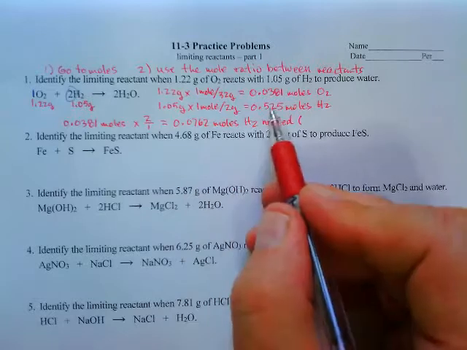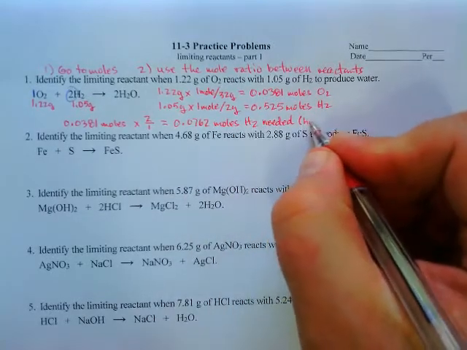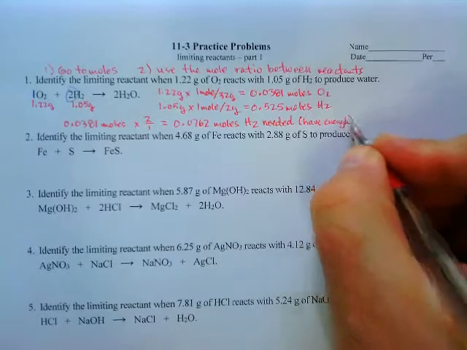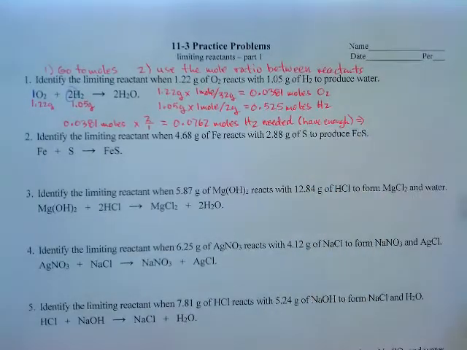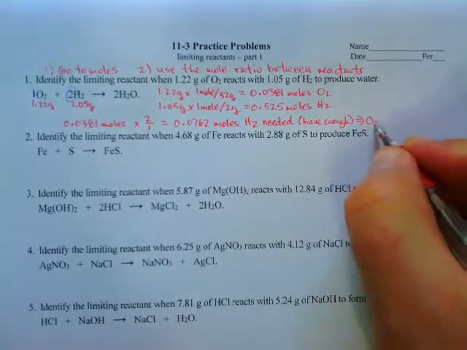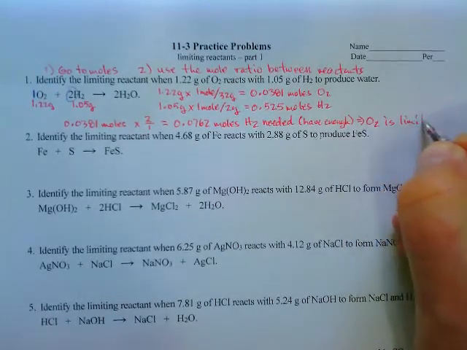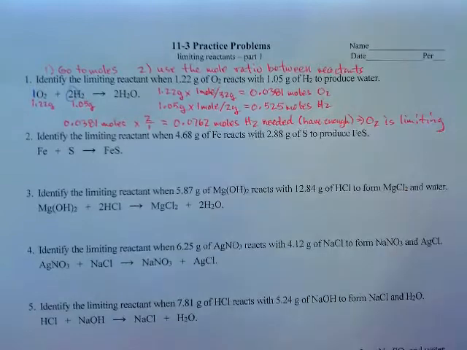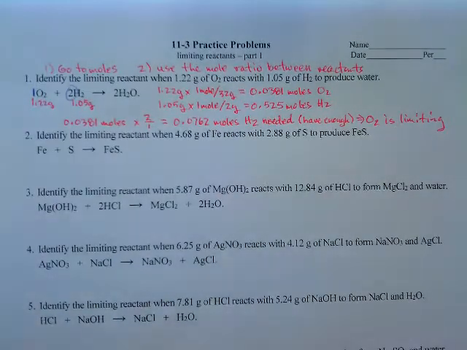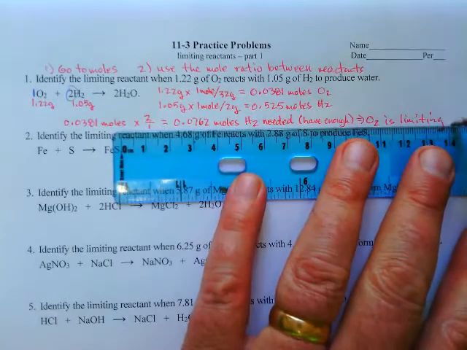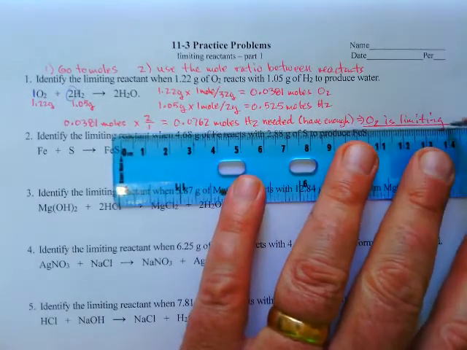We have 0.5, so we have enough, which means then the other one is limiting. O2 is limiting. And that's it. That's all you have to do for these problems.